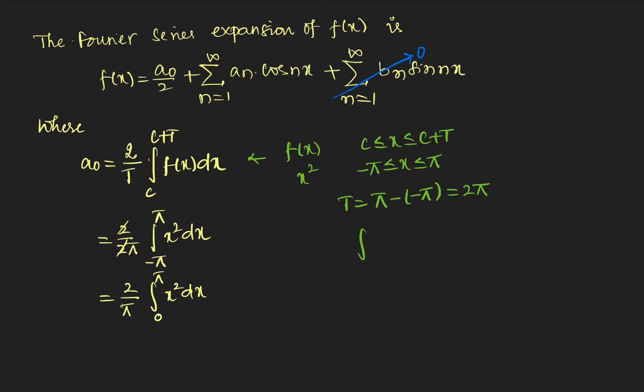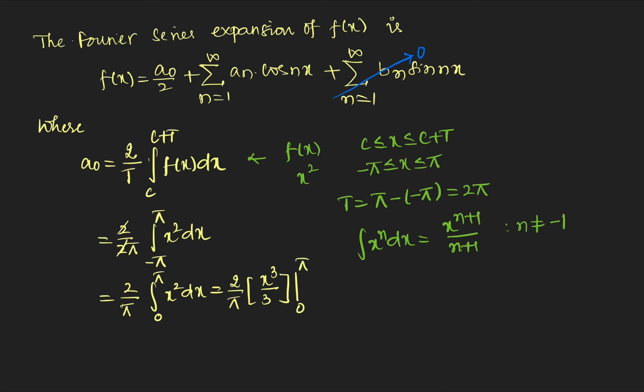The integration of xⁿ dx is xⁿ⁺¹/(n+1), provided n is not equal to -1. If n equals -1, this formula doesn't hold; in that case, we need to integrate in another way. So 2/π times x³/3, limits from 0 to π.